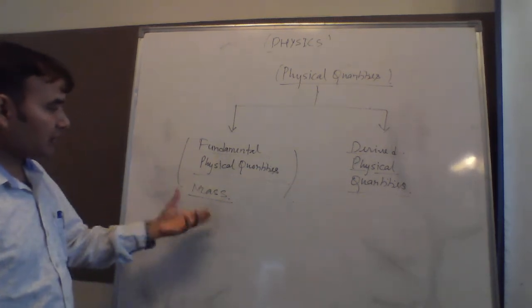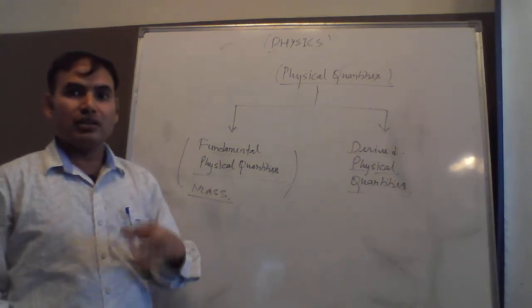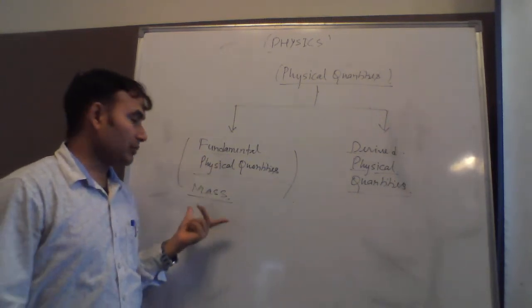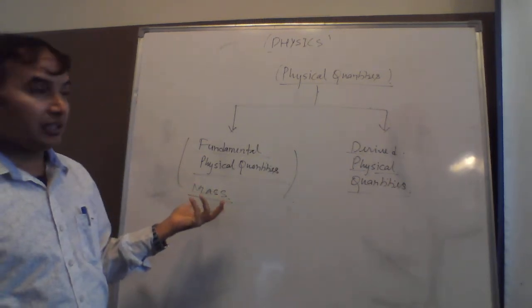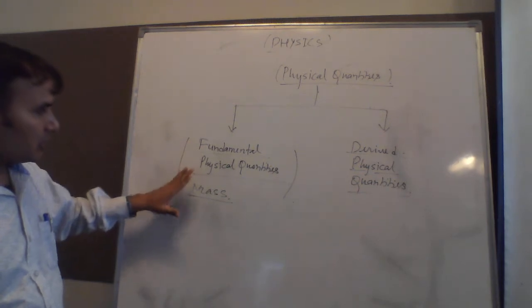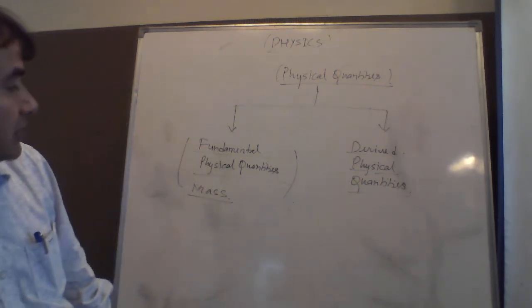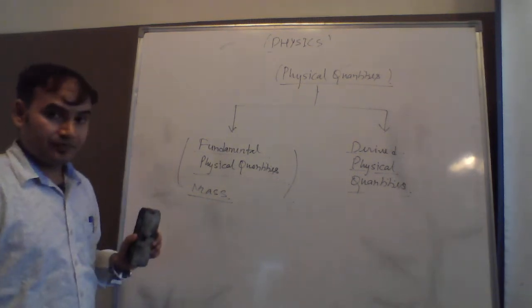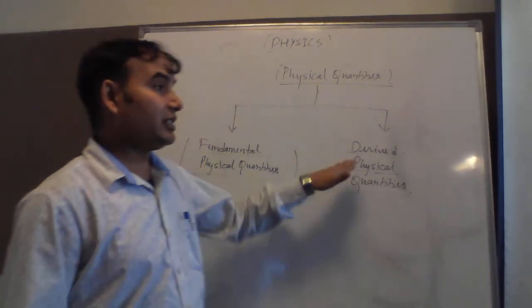If someone says that we need to measure the mass, you don't need any other physical quantity to represent mass. It is itself complete, right? So all the physical quantities which do not need any kind of help of other physical quantities are called the fundamental physical quantities.